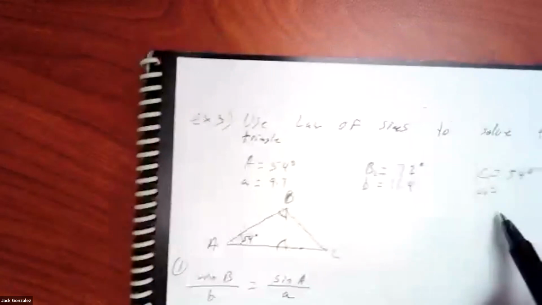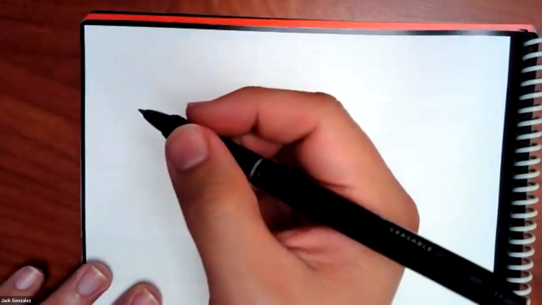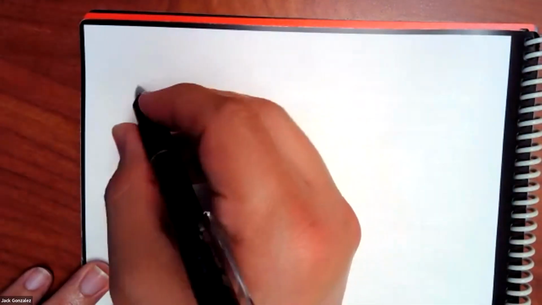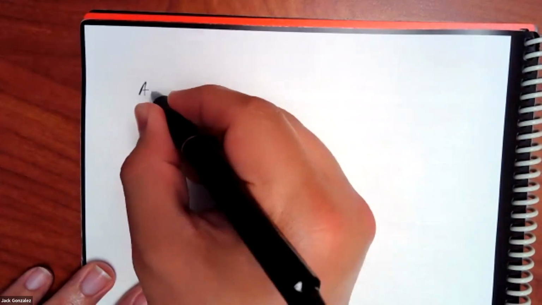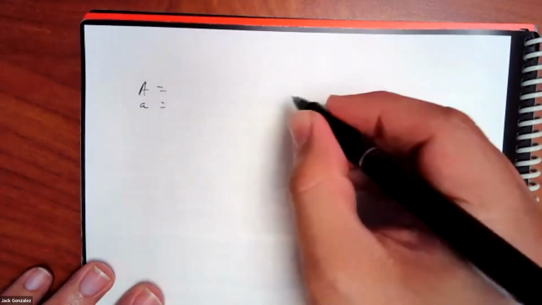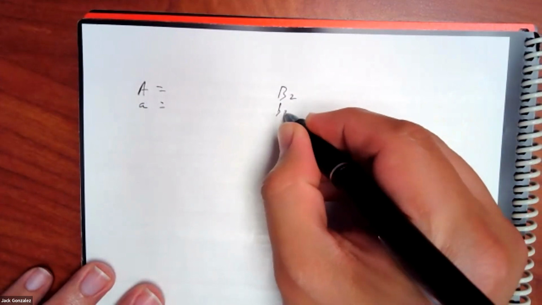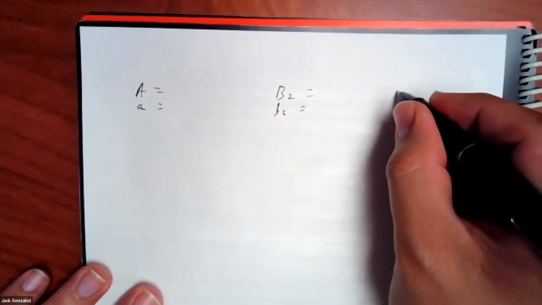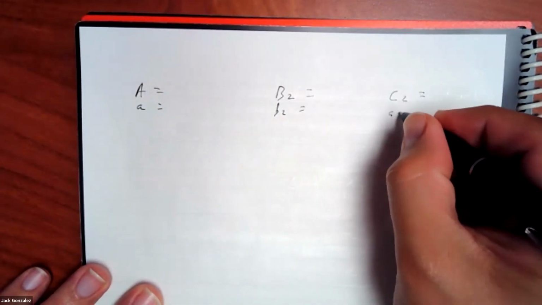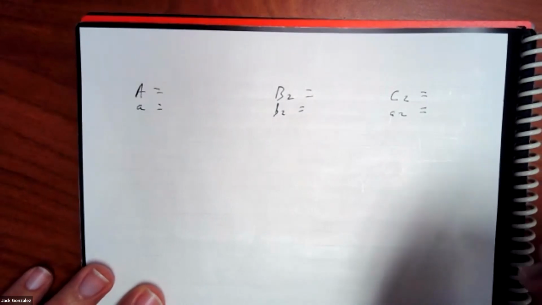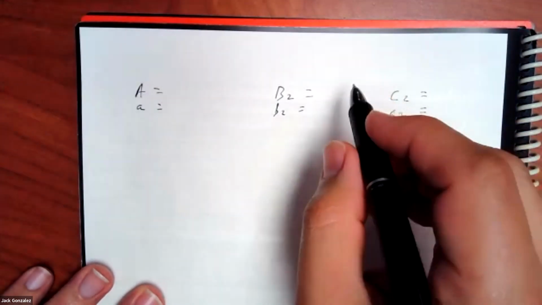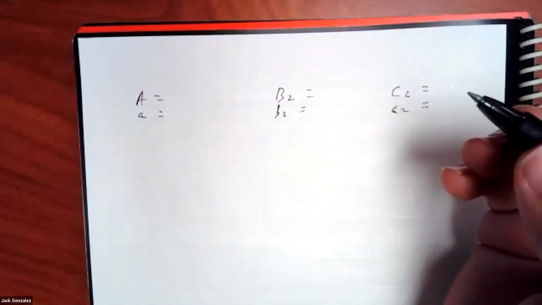Let's go ahead and find C1. So once I do that, I'll have another triangle. So over here, I'm going to call this A, little a, B2, possibly B2, C2. Okay. What was the other B? 11.4?